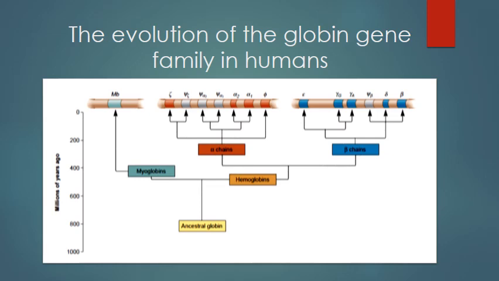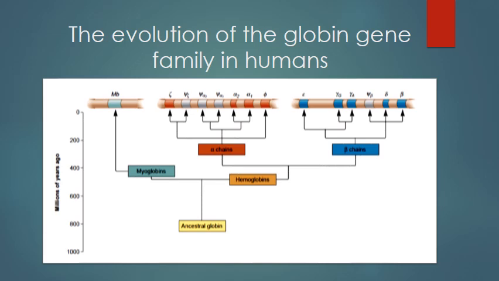The globin gene family is composed of 14 paralogs. They are originally derived from a single ancestral globin gene. According to an evolutionary analysis, the ancestral globin gene first duplicated about 500 million years ago and became separate genes encoding myoglobin and the hemoglobin groups of genes.